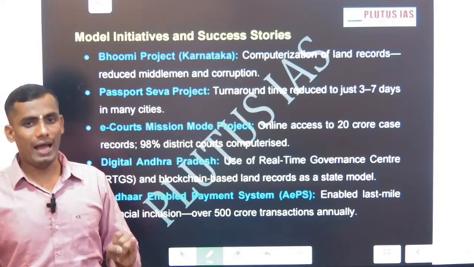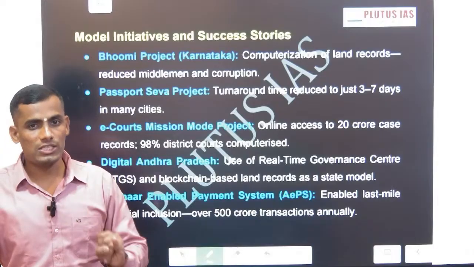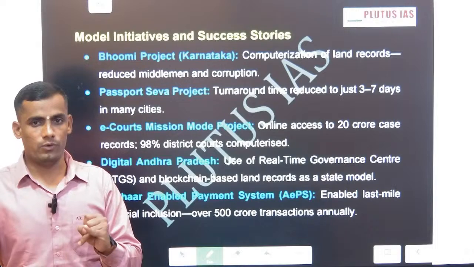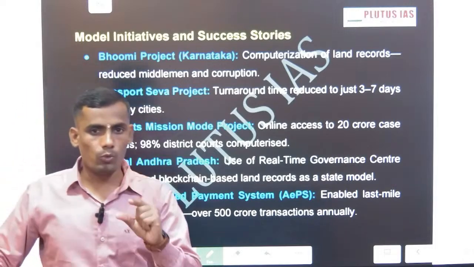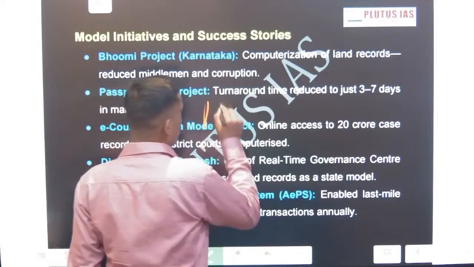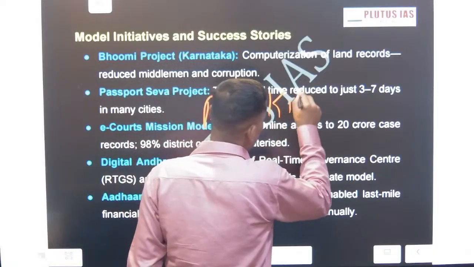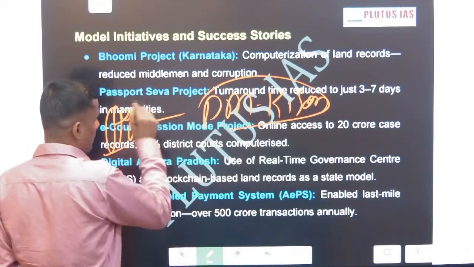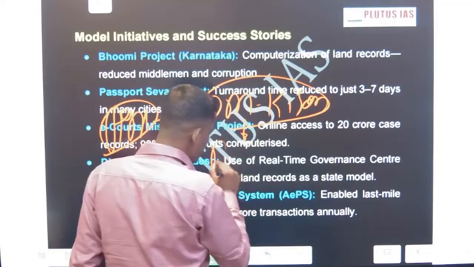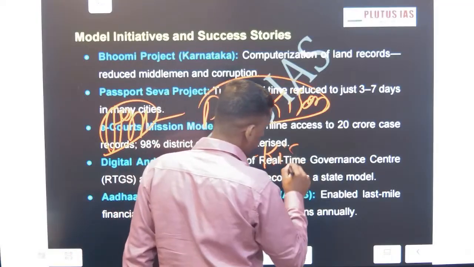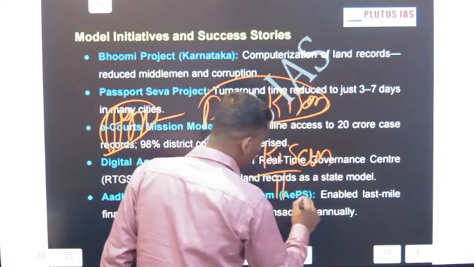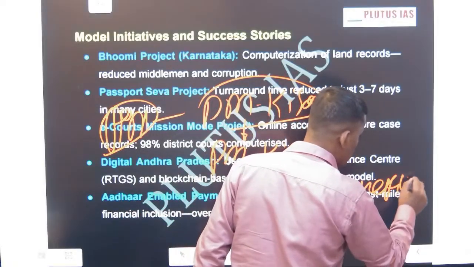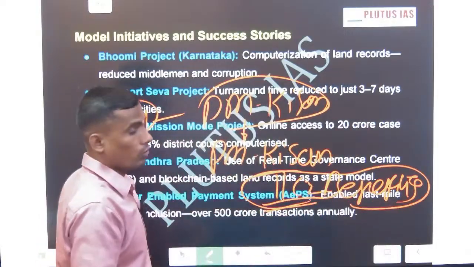Data is a fuel, as our honorable Prime Minister said, and data similarly is a mark booster for our mains. If you write an additional 1 or 2 points, the best example I will give you: you are writing that PM Kisan is one of the applications of e-governance in agriculture, but at the same time if you mention PM Kisan with 11 crore beneficiaries, just think which looks more attractive and more justifiable.